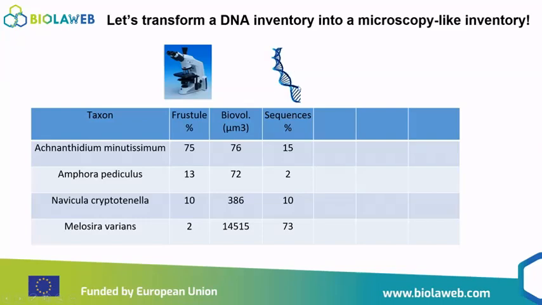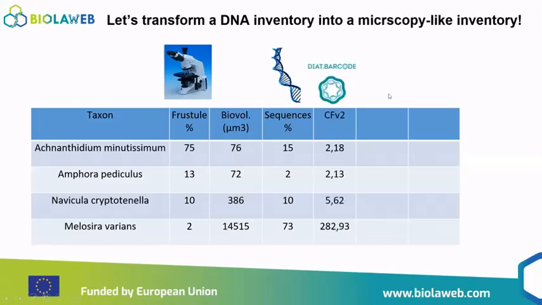When you look at the inventory just after the bioinformatic pipeline without any transformation, the inventory is very different. The dominant species is Melosira varians, which is a big species. Its biovolume is 14,000 cubic micrometers, whereas Achnanthidium minutissimum is only 76.